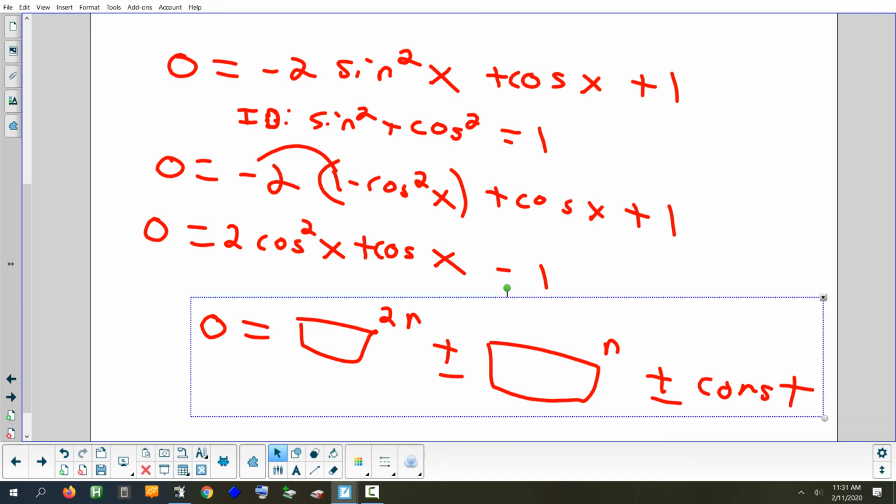So if it was a 6 and a 3, that would be a quadratic kind of problem. You could use the quadratic formula. If that was a 12 and that was a 6, yep, you could use the quadratic formula. As long as there's exactly 3 terms, that exponent is double that one, and the last term has to just be a number, like 7, 12. Anything that fits that pattern.